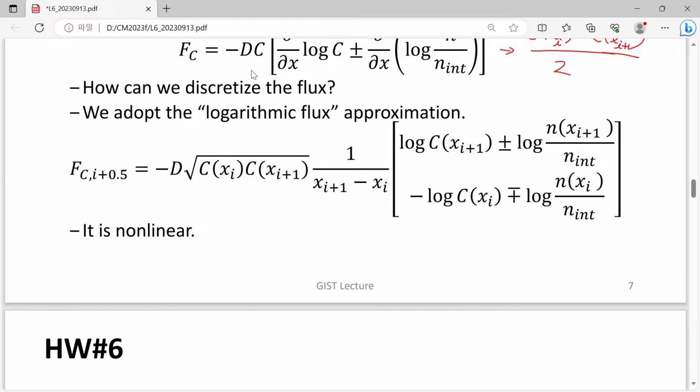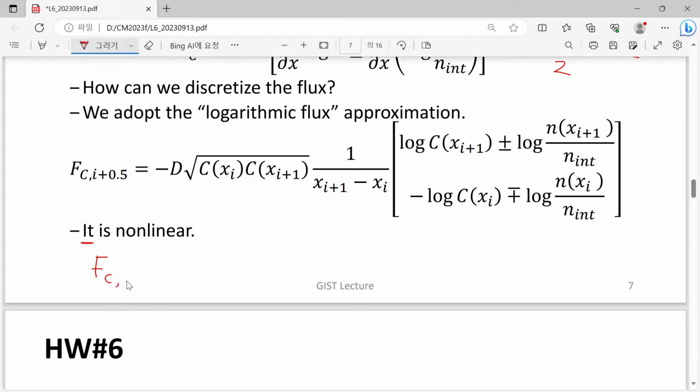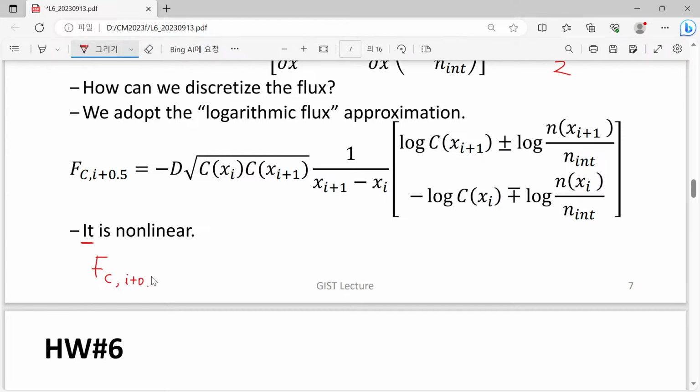So this is the main content of our lecture today, and now we must understand it's not an easy situation, because our newly invented flux term is written as a function of C_xi and C_xi plus 1.